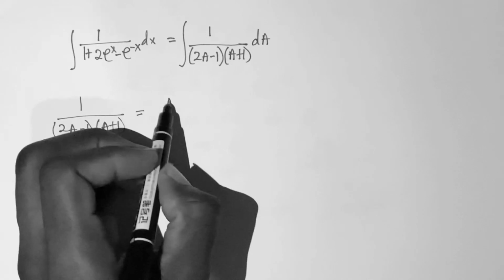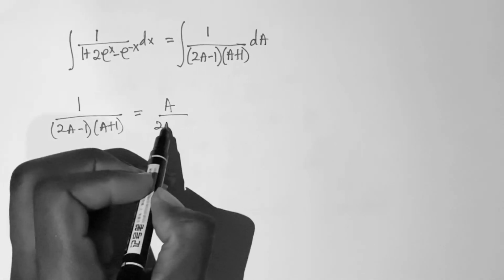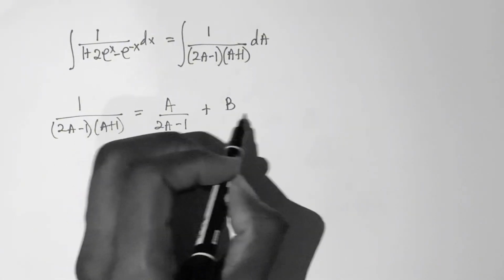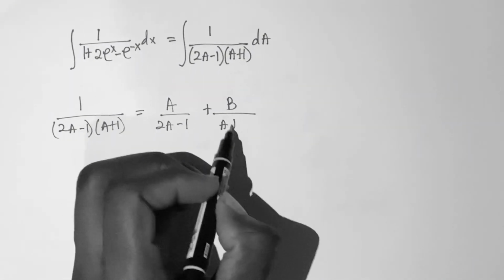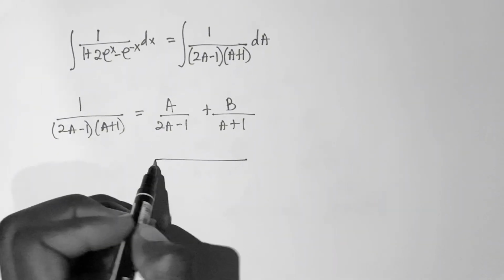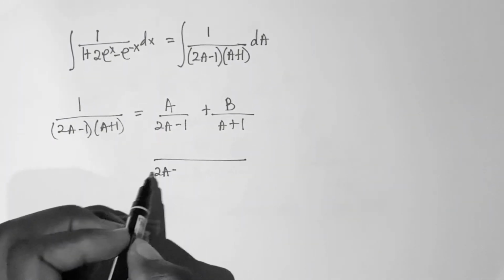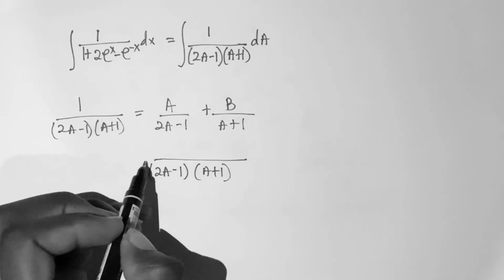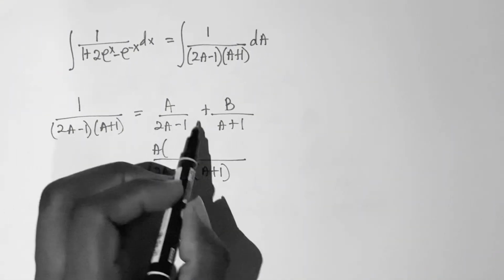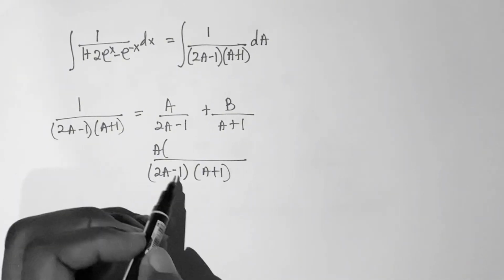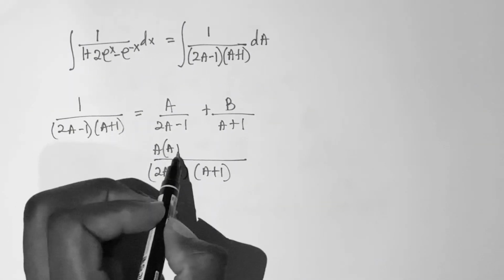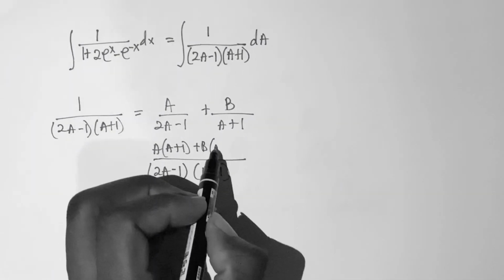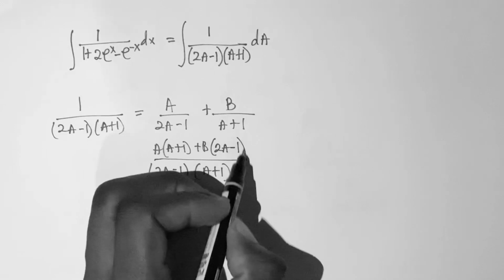So this is equal to A divided by 2A minus 1 plus B divided by A plus 1. So the LCM here is 2A minus 1 times A plus 1. Then A will multiply, here is divided by 2A minus 1, so it will cancel this. So A will multiply A plus 1, then plus B. B is also going to multiply 2A minus 1.